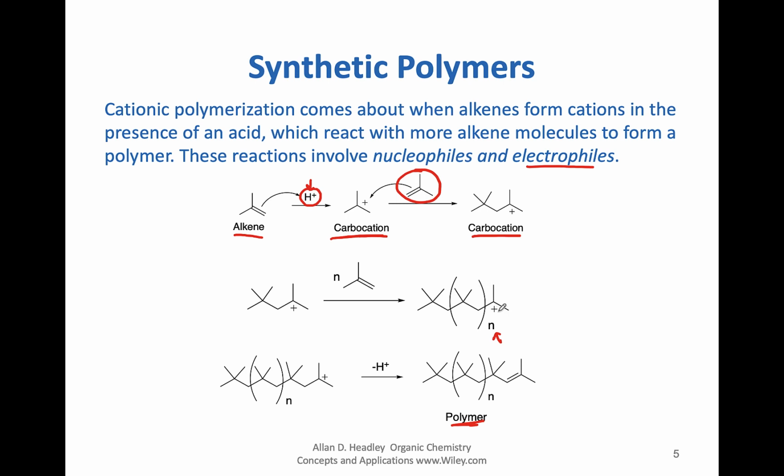Of course, this is an intermediate, so in a termination step, we can form a double bond right here, as shown by losing a proton. If we took a proton here, throw in the electrons here, we have a double bond, and this is now a neutral molecule, and that's a polymer, where n here represents the number of units or monomers that are incorporated. They're typically in the hundreds.